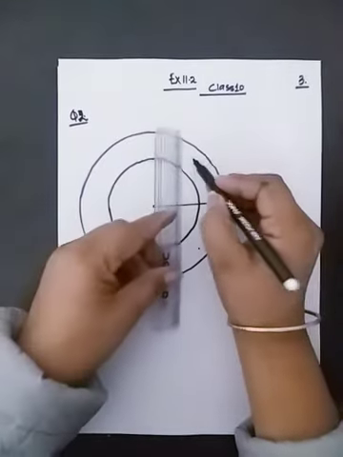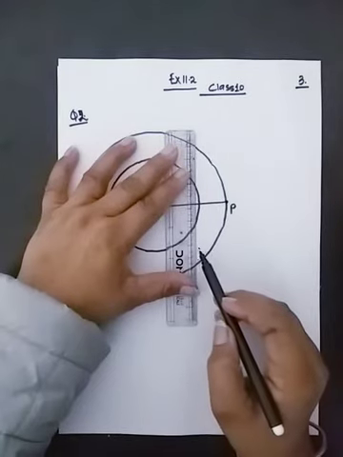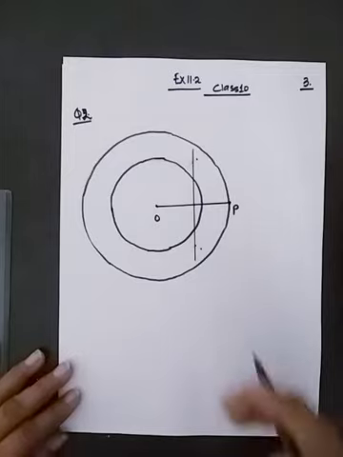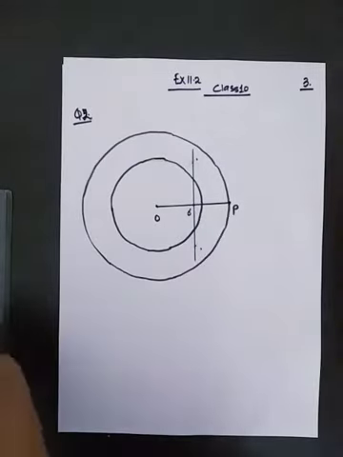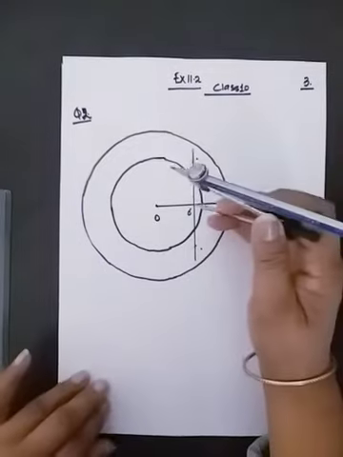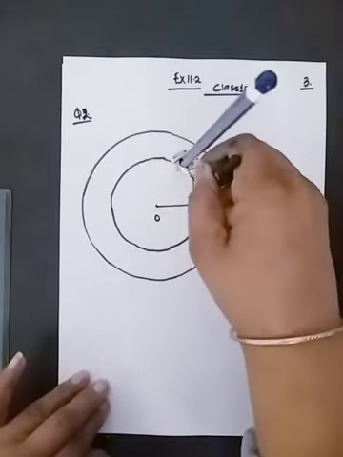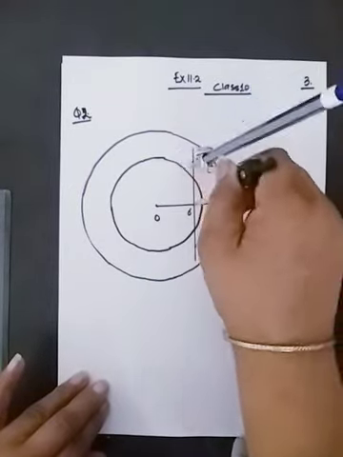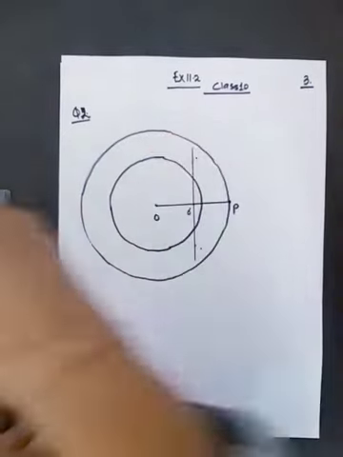So this is the perpendicular bisector of OP. Let this bisector intersect OP at point O dash. Now taking O dash as radius, we have to mark two arcs on our inner circle. So we can mark these arcs like this one and this one.